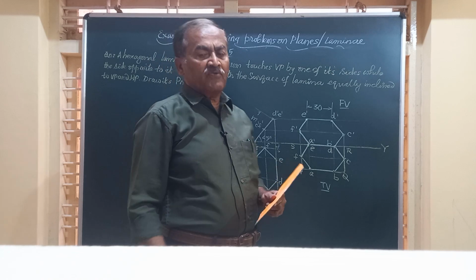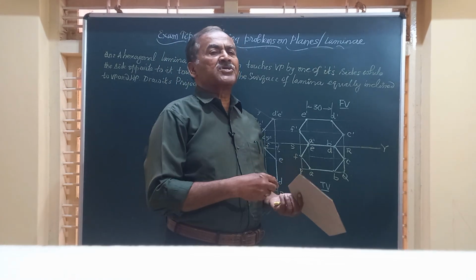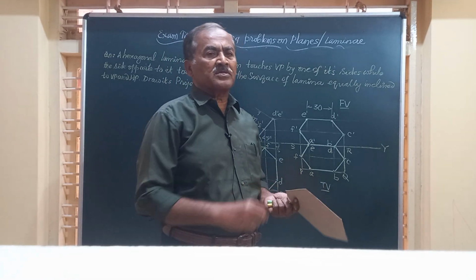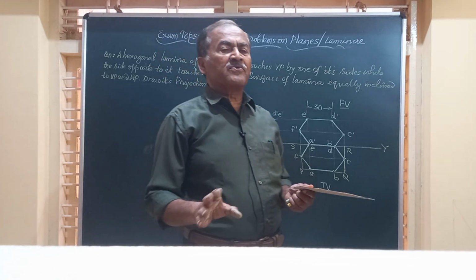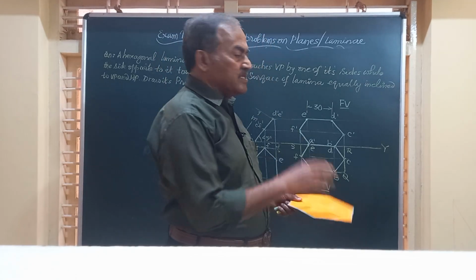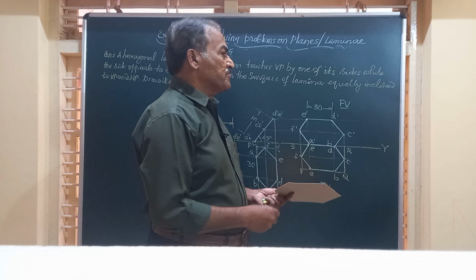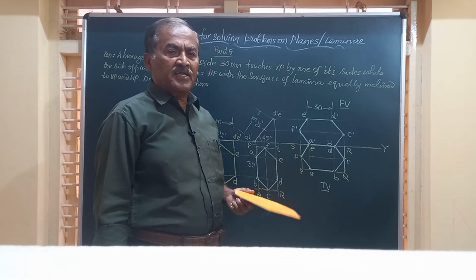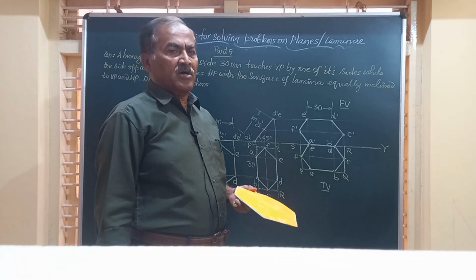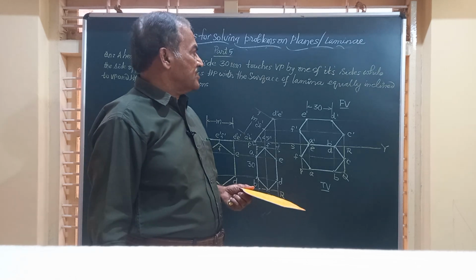Now friends, after completion of the solution, you may have to verify on your own whether the solution you have got, or the projections you have obtained finally, are correct or wrong. So how to verify, friends?